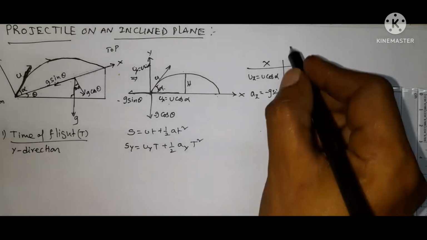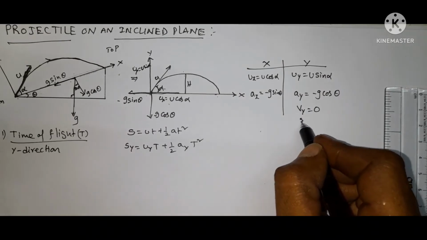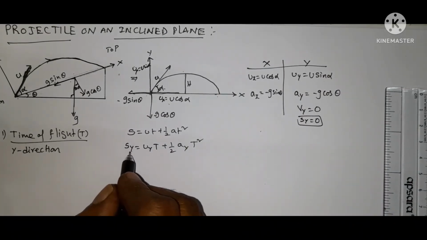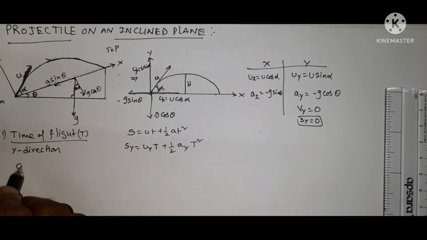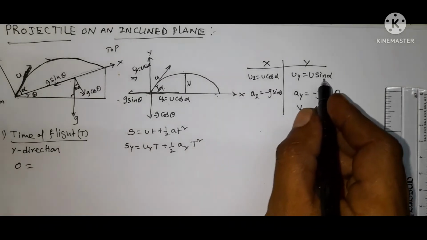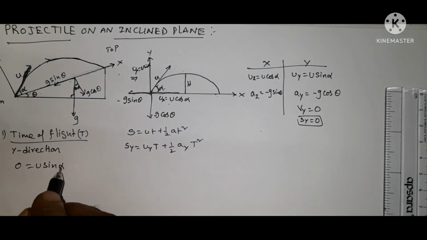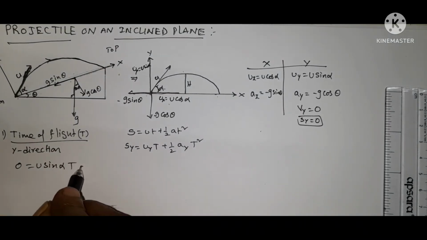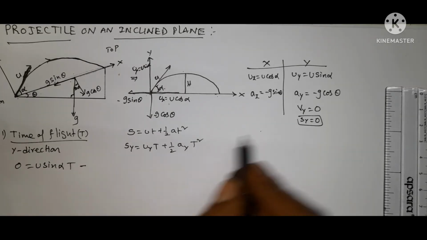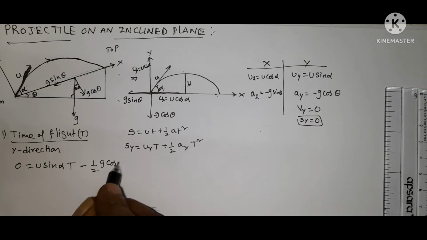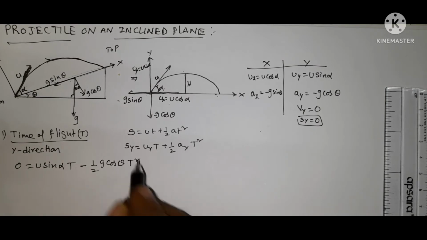As you know, the vertical displacement in this case is 0. So you will get 0 is equal to u sin alpha into t minus, because acceleration ay is equal to minus g cos theta, half g cos theta into t square.